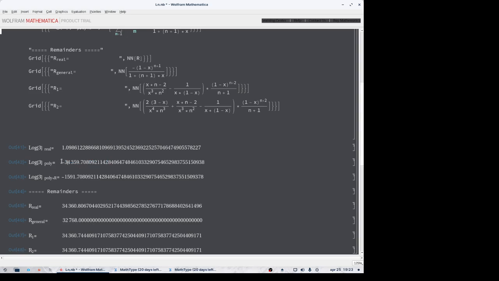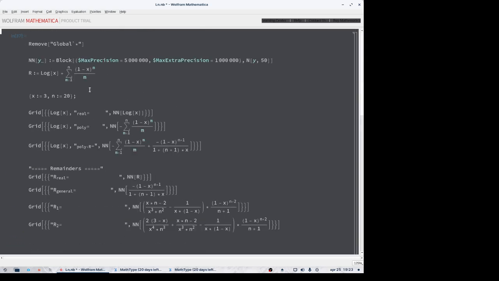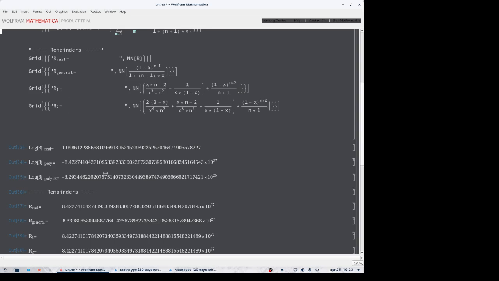It's 34,000 with negative sign, some kind of strange. And if I grow the steps, it's worse. It's 10 to the power of 27. It's insane.